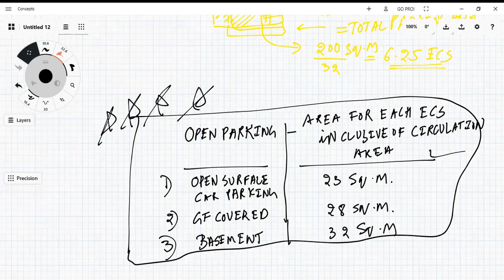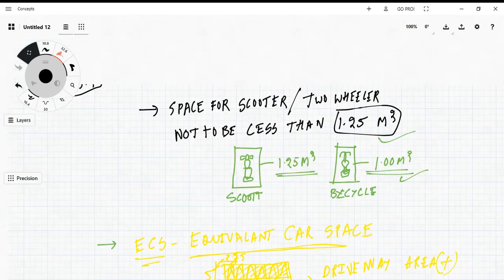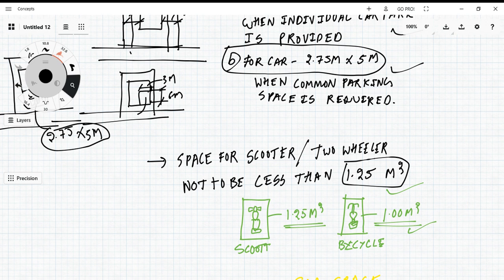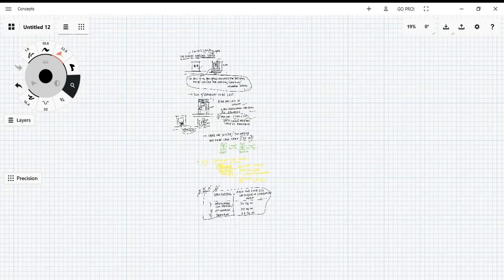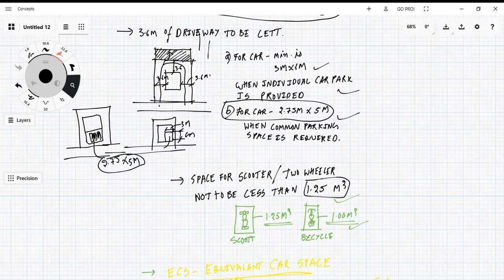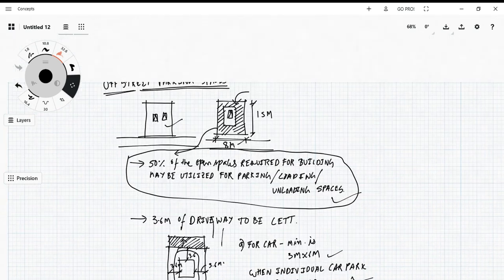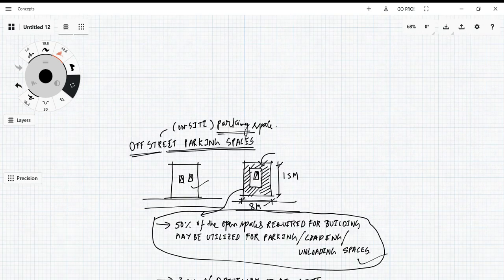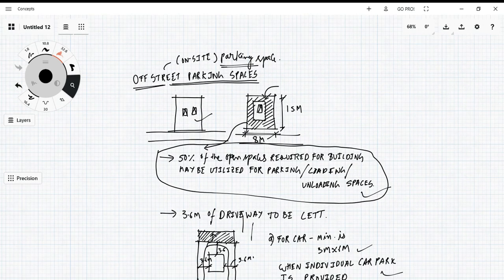So, just reviewing once again, guys, whatever we have read. First of all, we discussed on-site off-street parking spaces, means the parking spaces which I have to provide in my site.